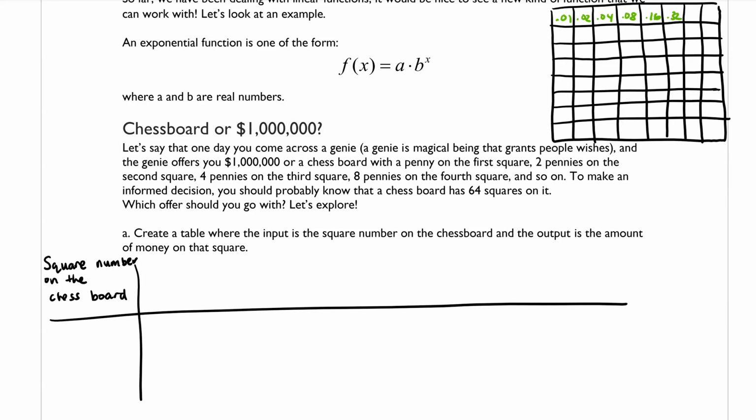And the output is the amount of money on that square in dollars. So we have the first space, and that contains 1 penny, and then the second space that contains 2 pennies, and so on and so forth.